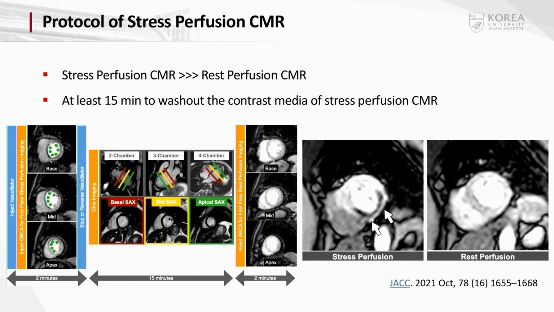This image shows a clear perfusion defect in the inferior wall of the left ventricle, and this defect resolved and disappeared on the rest images. So comparing stress and rest can help us diagnose myocardial ischemia beyond infarction.